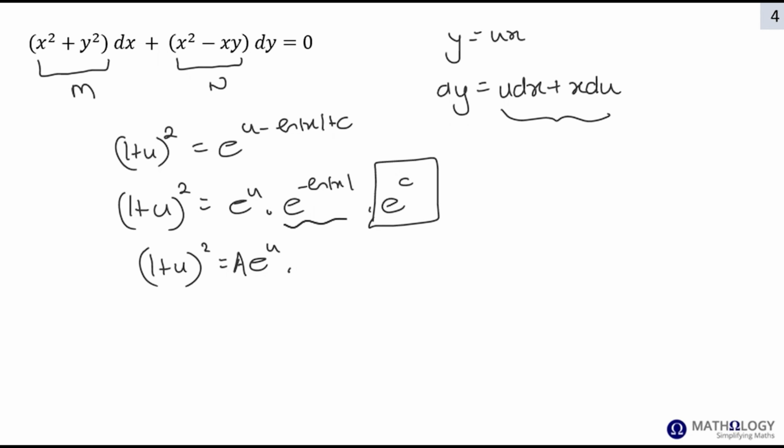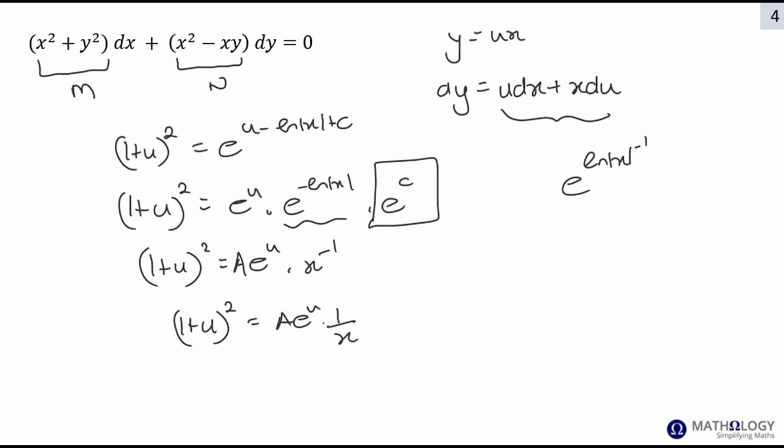And then the second term here, e to the minus ln x, we're just going to write as e to the ln x to the minus 1. And e to the ln x to the minus 1 will just be x to the minus 1. So we'll write it as x to the minus 1 for now. So 1 plus u squared equals a e to the u times 1 over x.